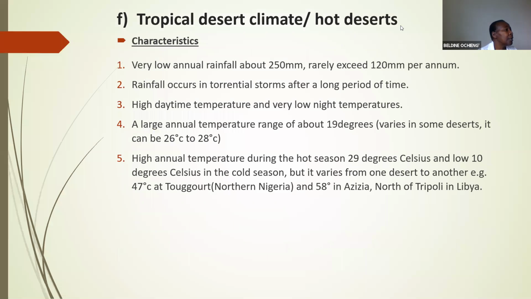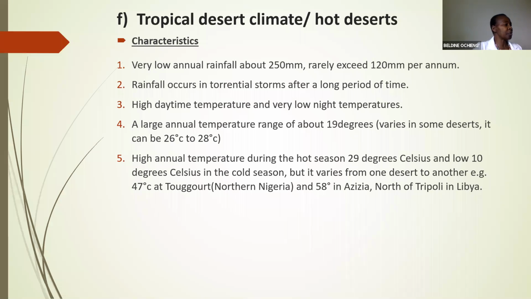Those are the regions experiencing tropical desert climate or hot climate. Yes, we are moving to the characteristics of the same. Very low annual rainfall, about 250 millimeters, rarely exceeds 120 millimeters per annum. Rainfall occurs in torrential storms, very large drops.